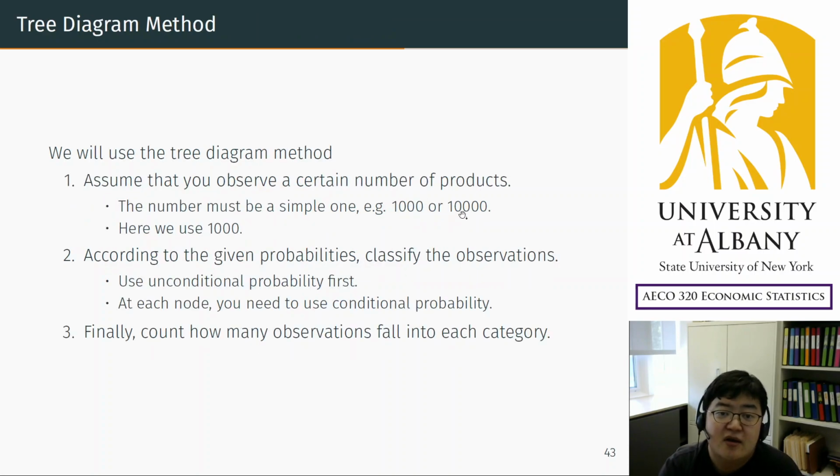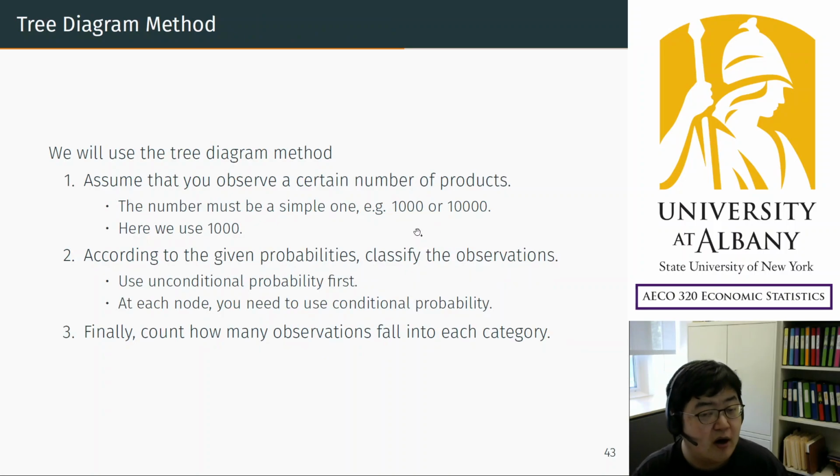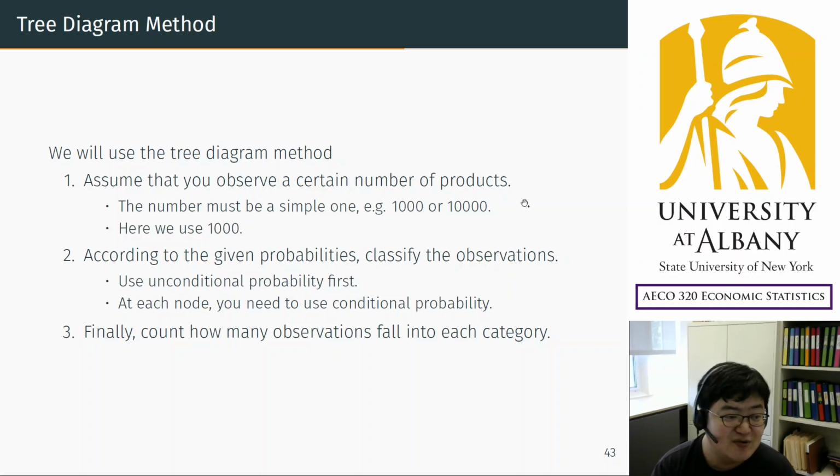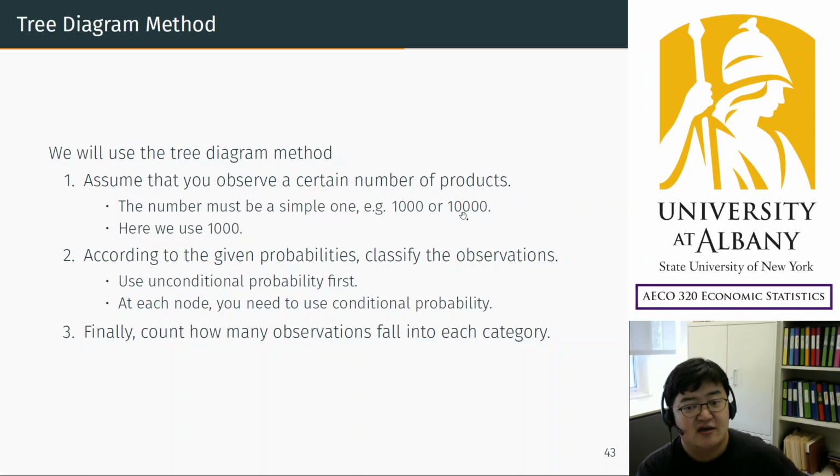Okay. I'll show you an interesting method, which is often called the tree diagram method. It sounds like an elementary school level diagram, right? Actually, let's think about this.